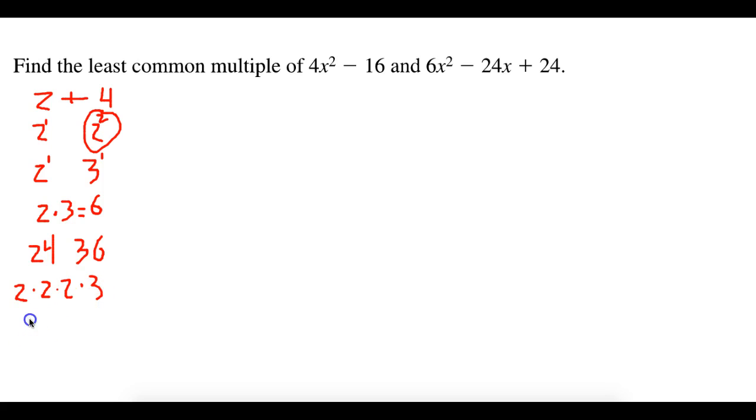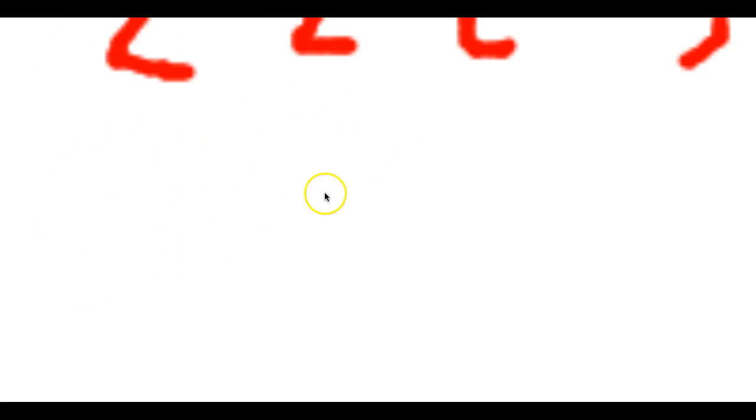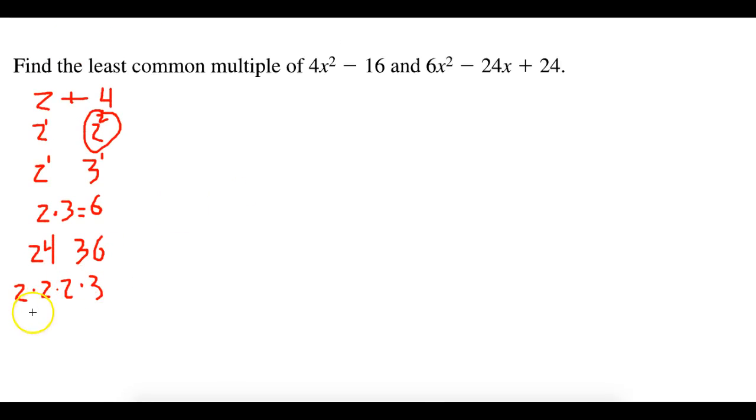So 24 can be broken down into 2 cubed times 3. Stick with me here. 36 can be broken down into 9 times 4. 9 is just 3 squared, and 4 is just 2 squared. So 3 squared times 2 squared.